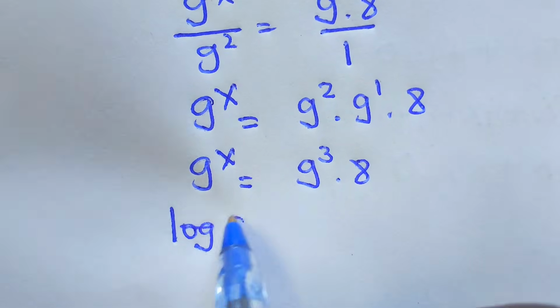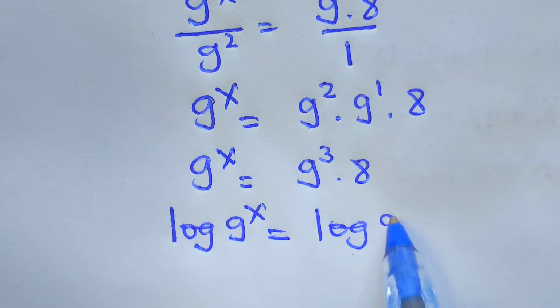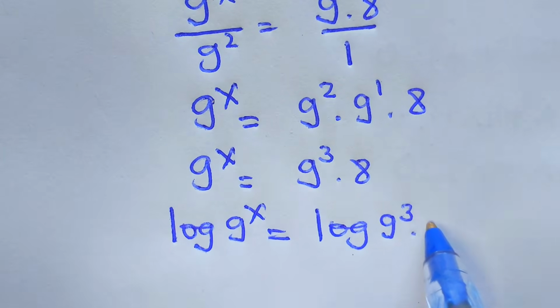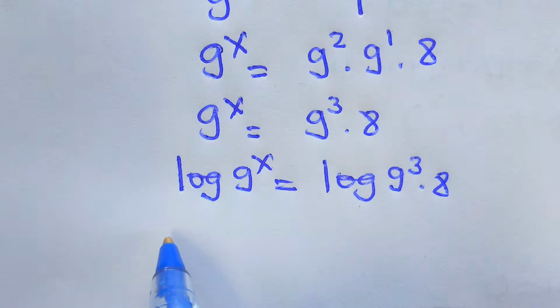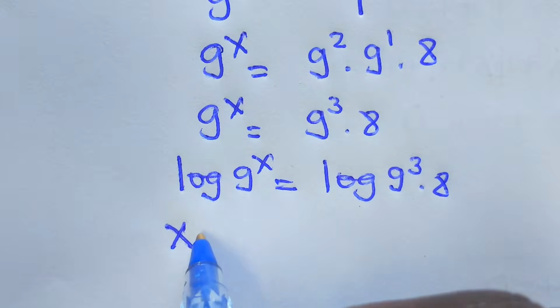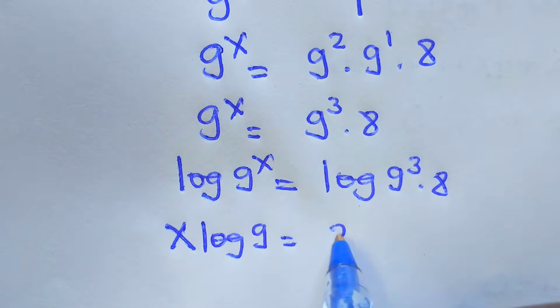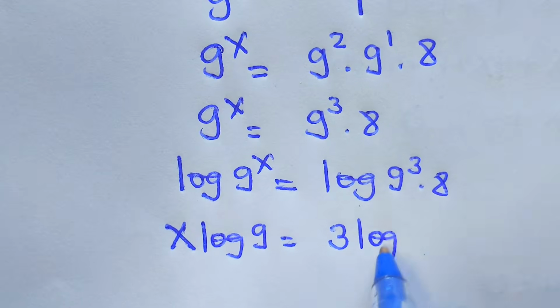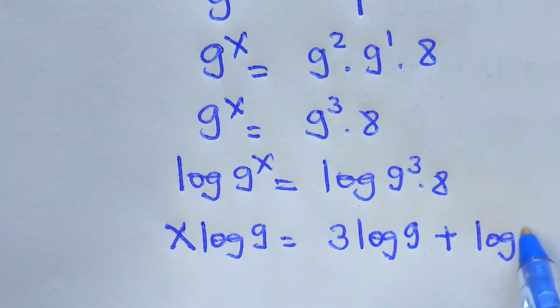Logarithm of 9 power x equals logarithm of 9 power 3 times 8. And of course here we have to say x logarithm of 9 equals 3 logarithm of 9 plus logarithm of 8.